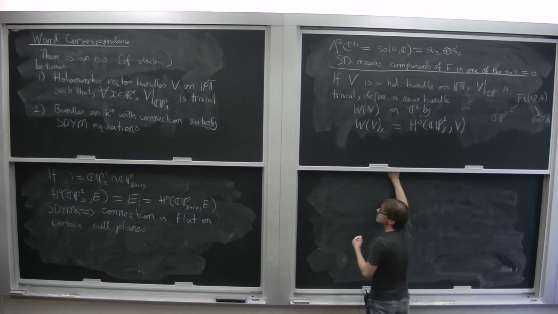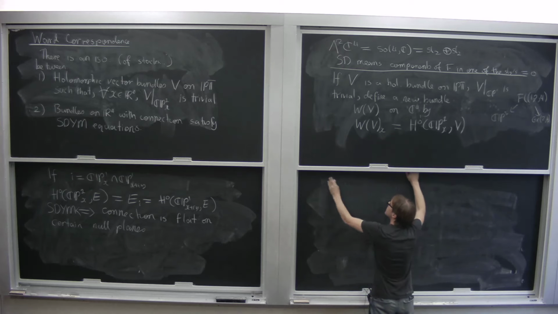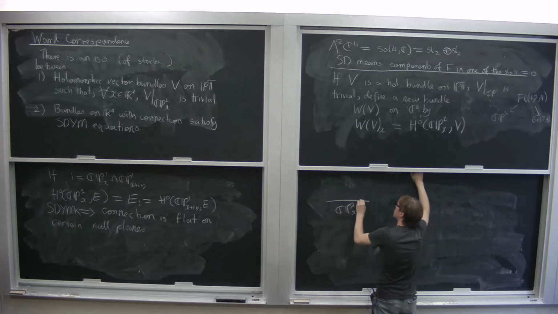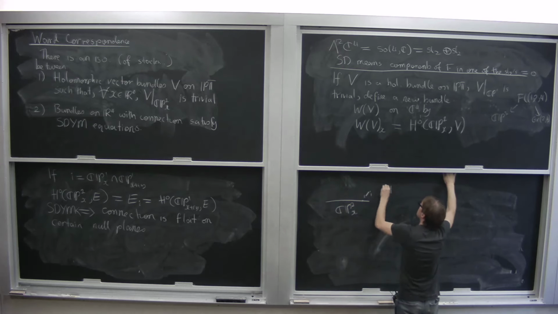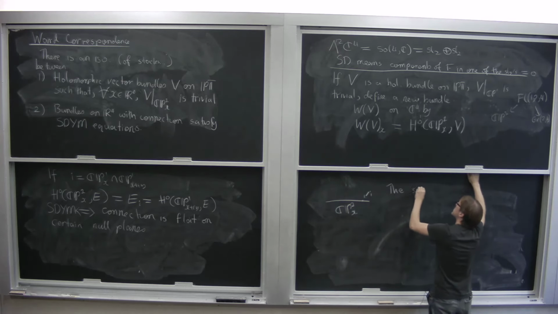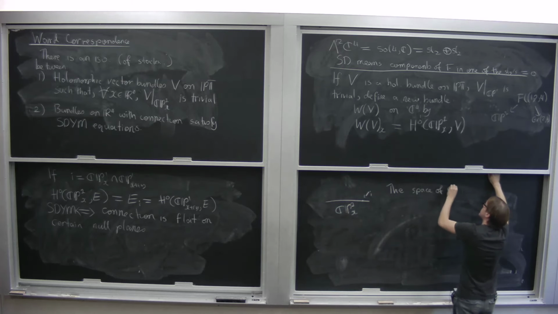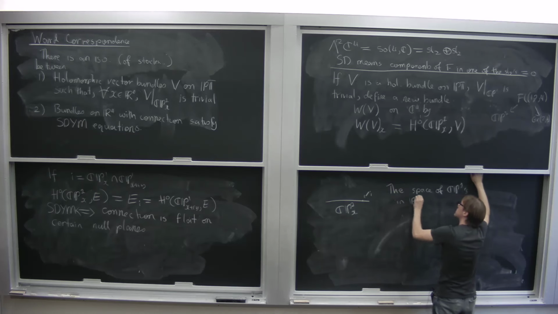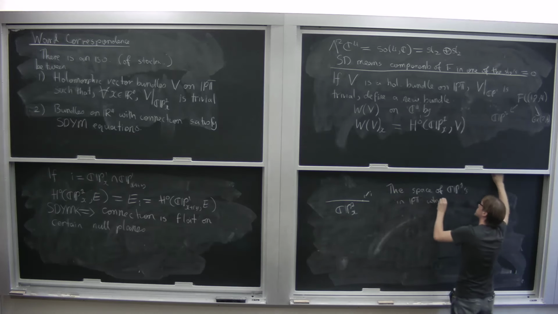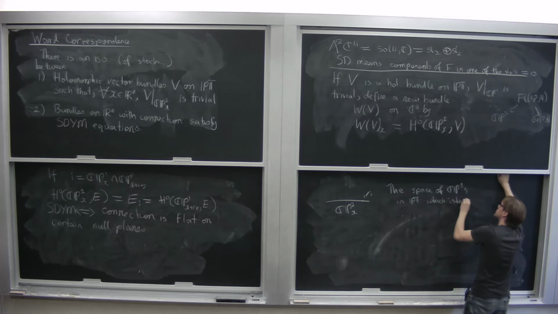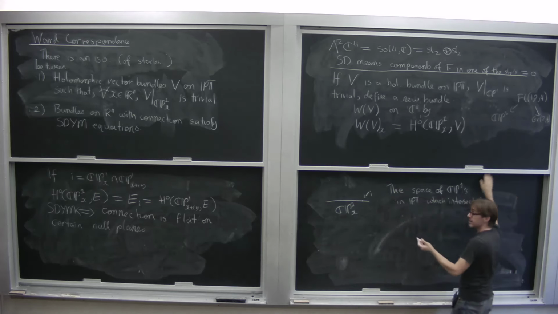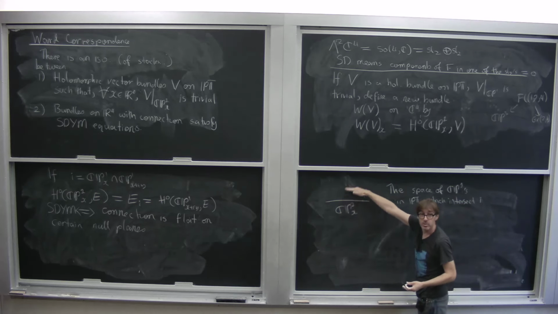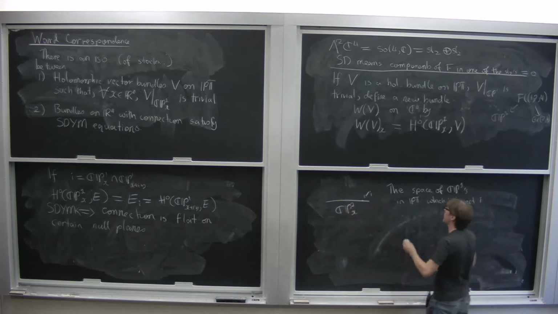So if I take, here's my CP1 of x, and here's some point I, the space of CP1s in twistor space which intersect I, well, how do I get that? I'm going to look at H0 of the normal bundle, and I want my section to vanish at I.